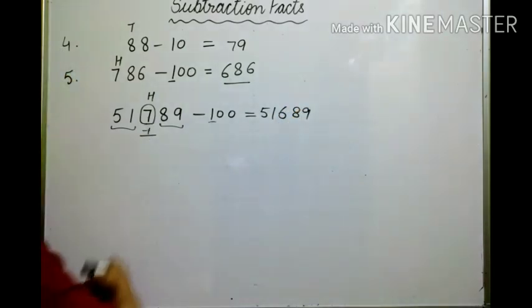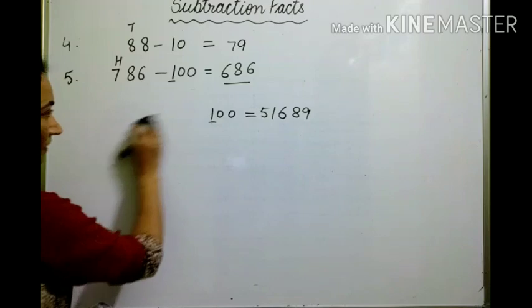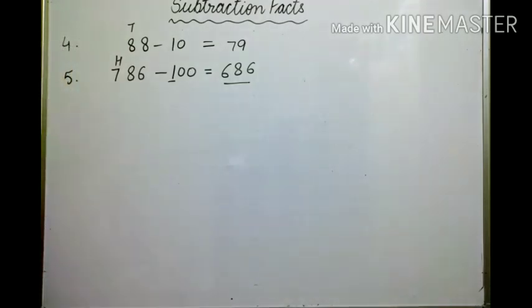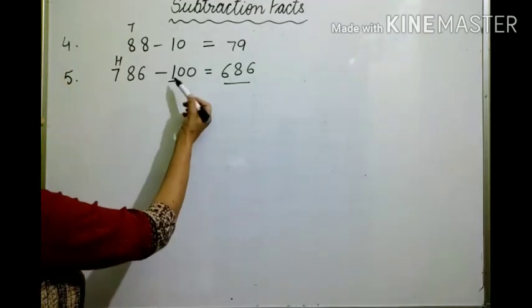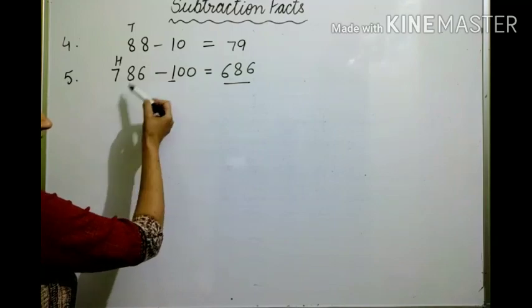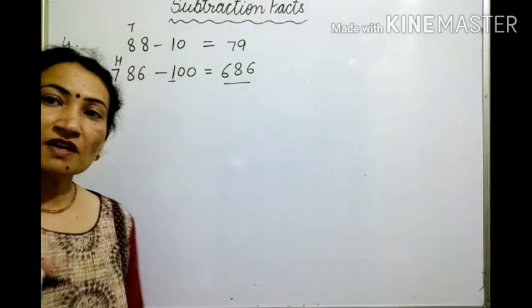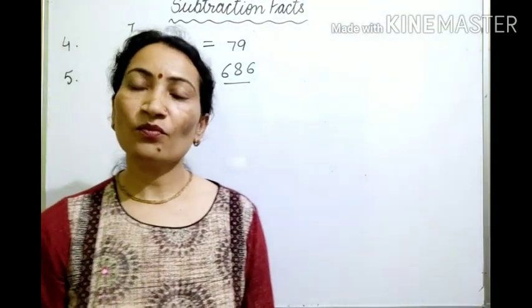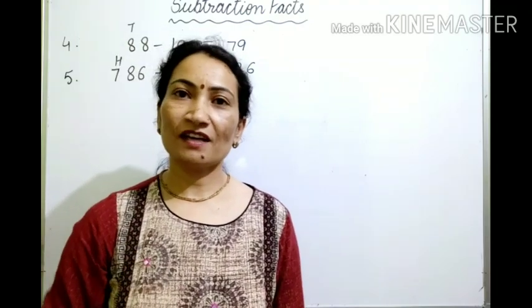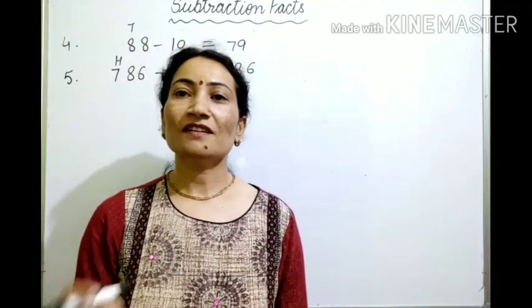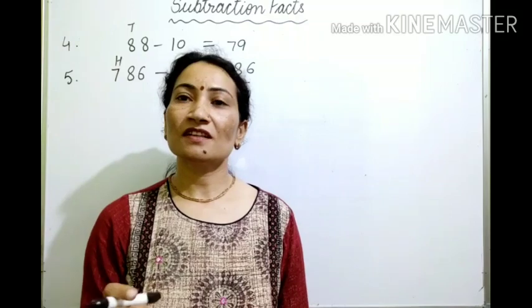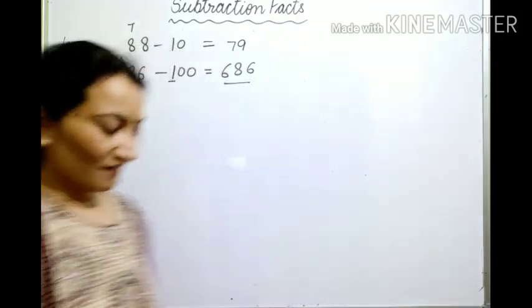In this way we get one rule. If we subtract 100 from any number, then the hundreds place digit is decreased by 1. If we subtract 10 from any number, then the tens place digit is decreased by 1.